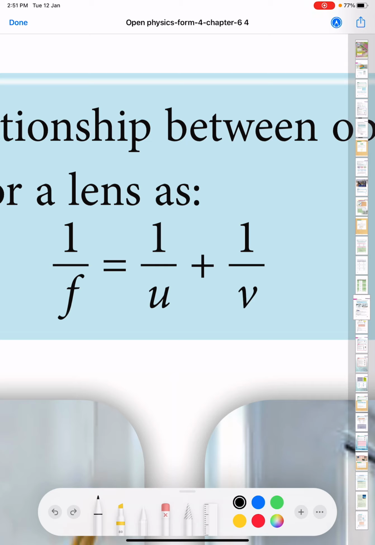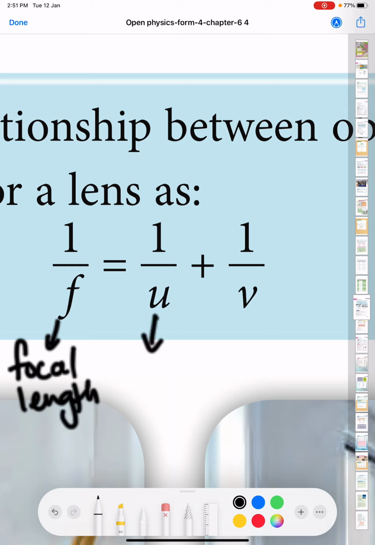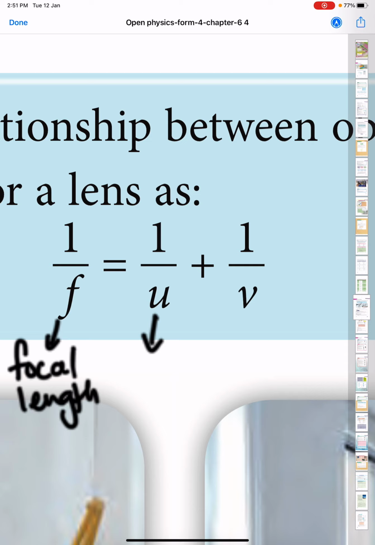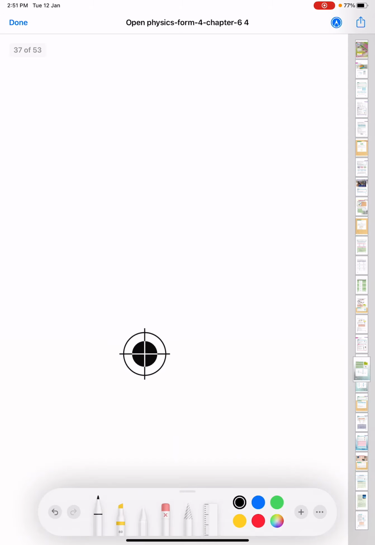Let me write it for you. U is the object distance, while v is the image distance.